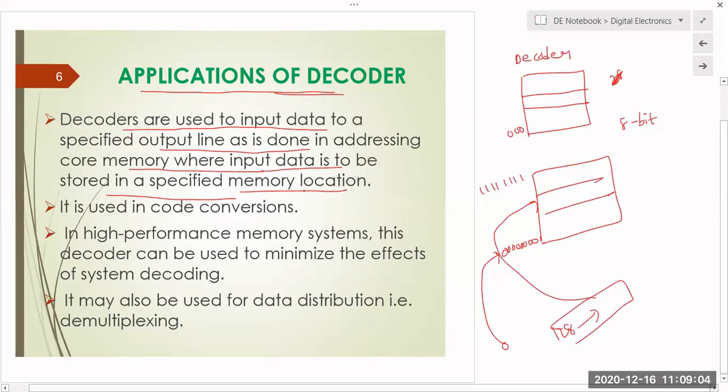Decoders are used for addressing memory, where input data is to be stored in a specific memory location, and they are used for code conversions, as I just said: binary to octal, binary to hexadecimal, or binary to decimal. In high performance memory systems, the decoder can be used to minimize the effects of system decoding. It is also used for data distribution or demultiplexing. If I want to distribute the data, I will use this decoder.